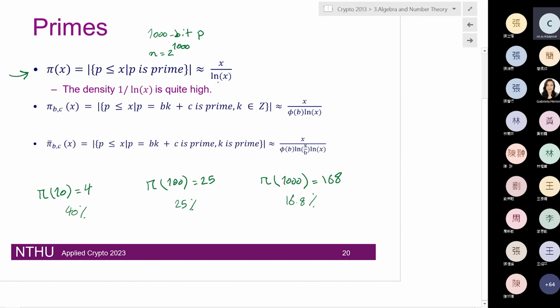So it looks like we have a very nice equation to bound them and find out what the percentage of primes is.